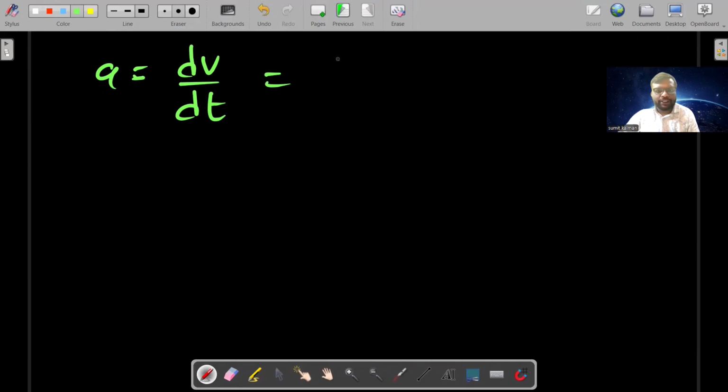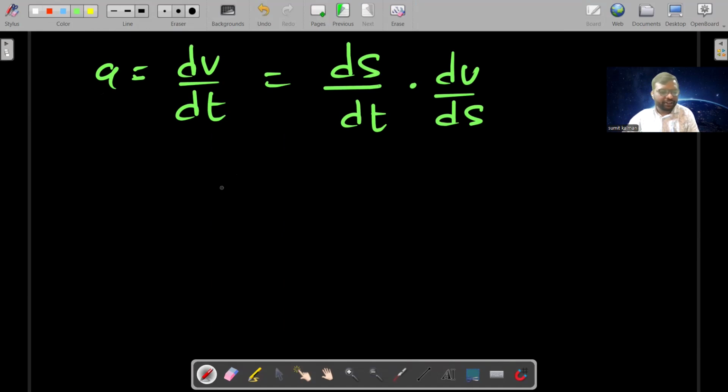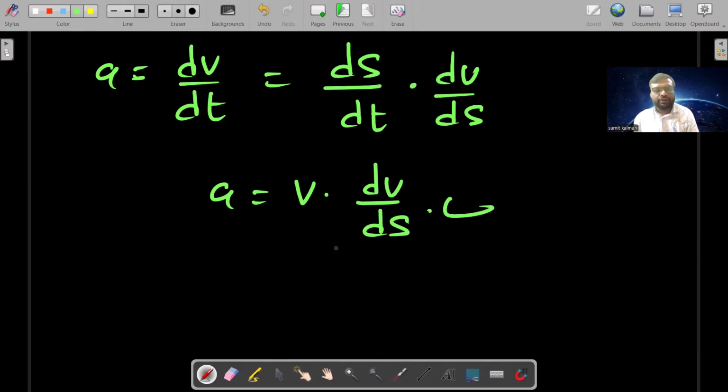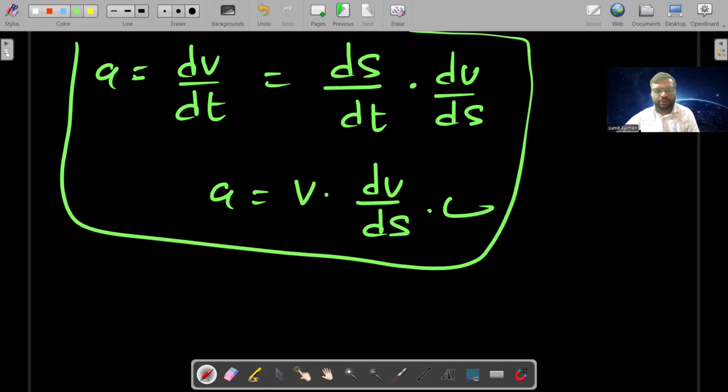So if you multiply and divide, ds upon dt into dv upon ds, and students, here a will be equal to v into dv upon ds. You will come to know about this as your course goes forward.